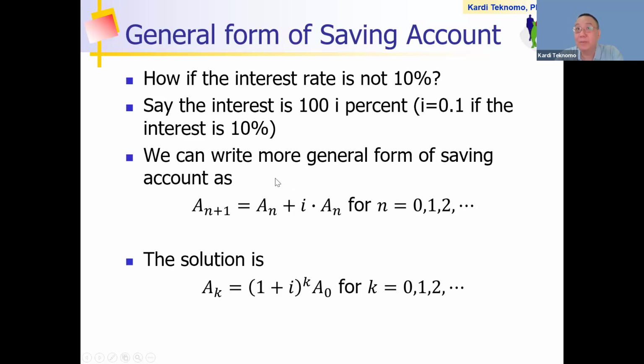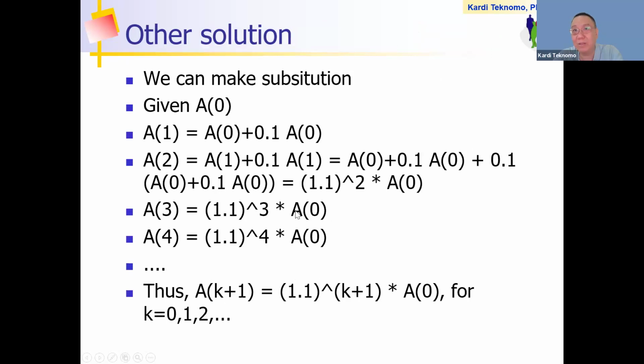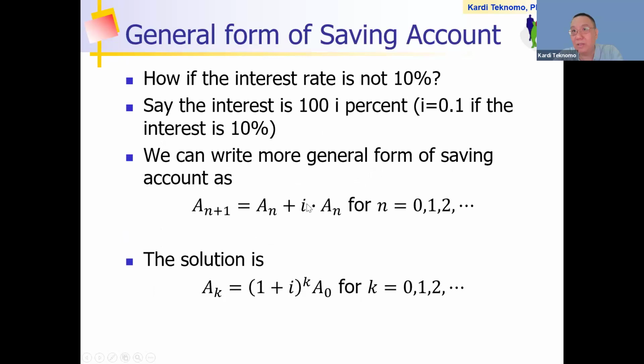In that case, you can write the general formula of a savings account: A(n+1) equals A(n) plus I times A(n), the interest of A(n). A while ago we used exactly the same, where I is 0.1, 10%. Now we just make it general, so instead of 0.1, it becomes I.